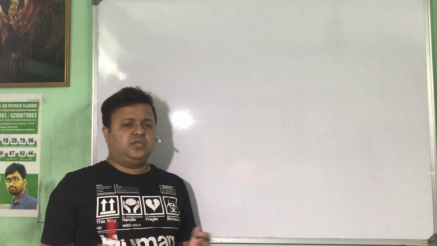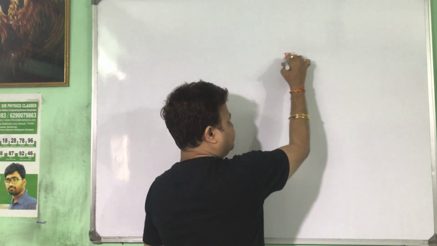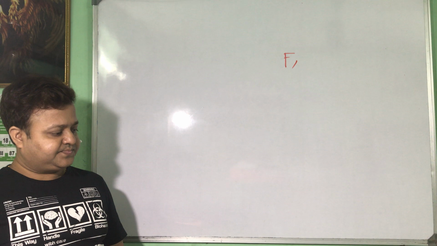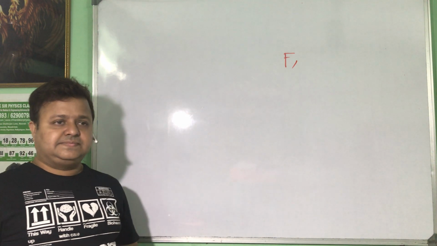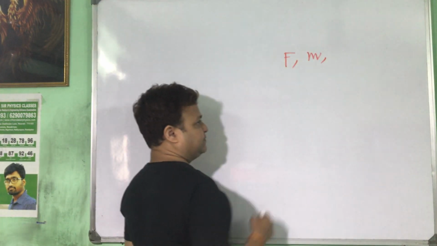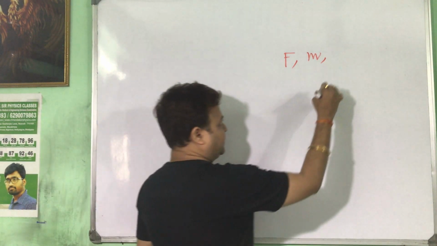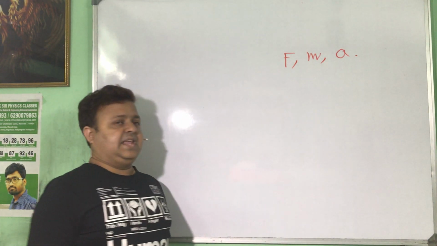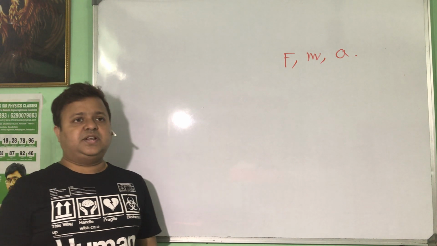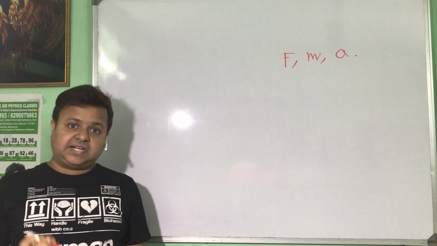Okay, so there can be an example in it, like a force capital F is applied to a body of mass m, and the acceleration of the body is small a.